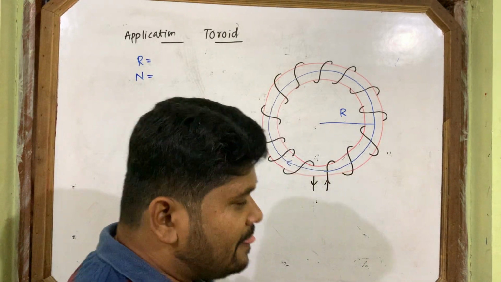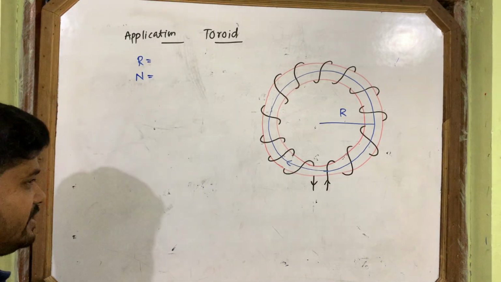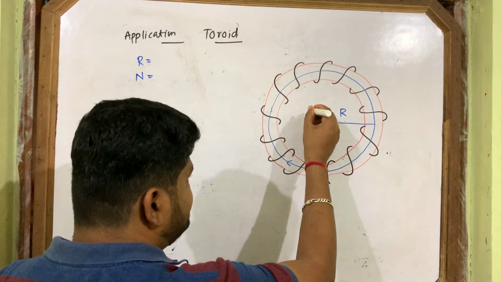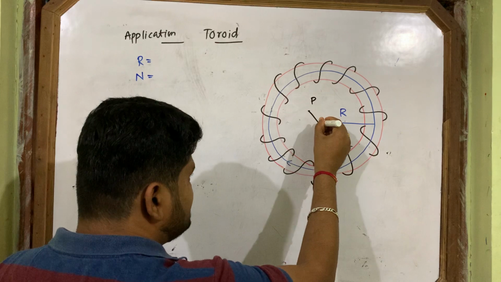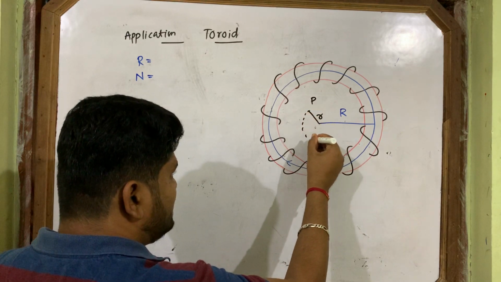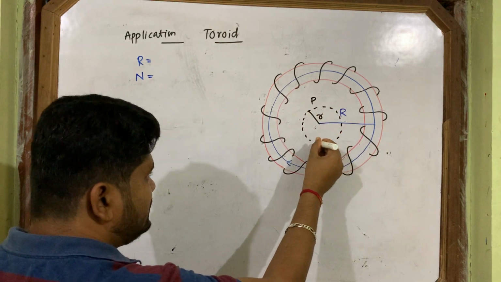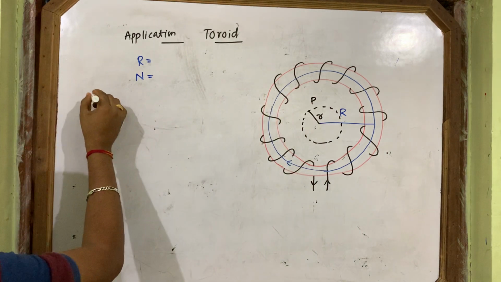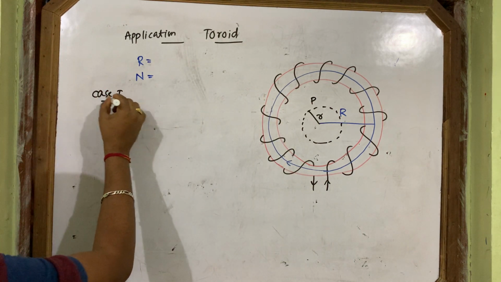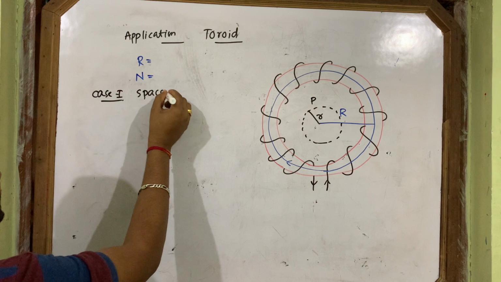Let's find. First you find the magnetic field in the space enclosed by the toroid. You take a point P here, at a smaller distance, and choose an Amperian loop. So case 1, the space enclosed by the toroid.